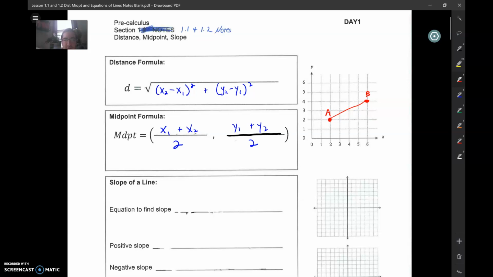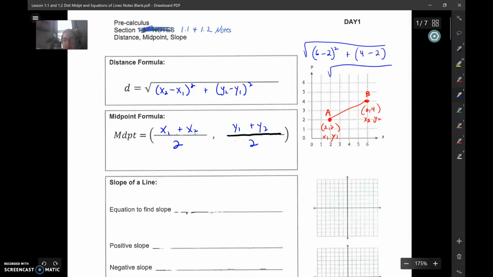So if we're going to use the distance formula, this is the point 2, 2. That's our first x and our first y. This is the point 6, 4, our second x and our second y, excuse me. So when we put it in the formula, we've got the square root of x2, which is 6, minus x1 squared, plus y2, which is 4, minus y1, which is 2.